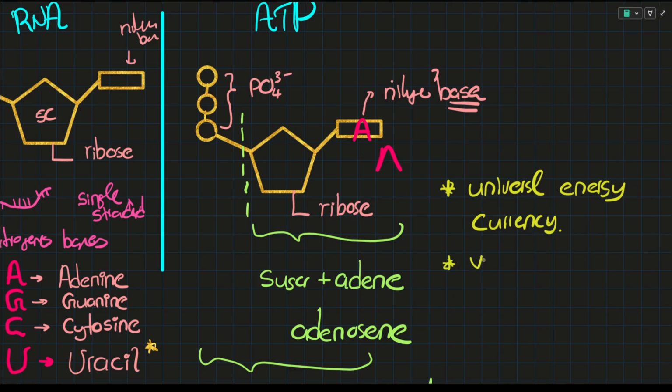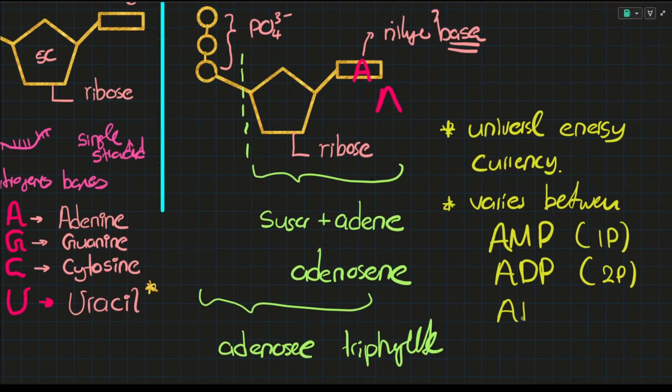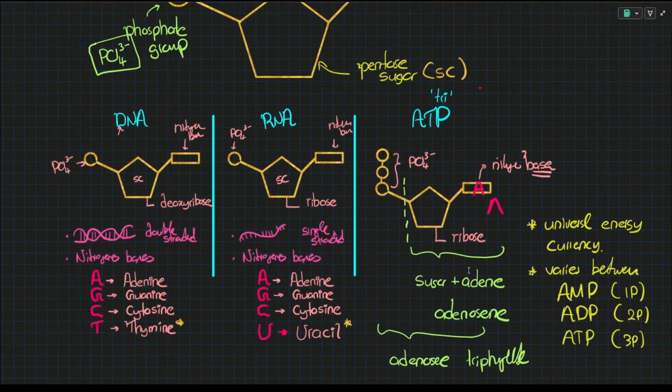And this previous point I told you, ATP can vary between adenosine monophosphate, where you have just one phosphate, adenosine diphosphate, two phosphates, and then finally adenosine triphosphate, where it's saturated with all three phosphates. Those are the three kinds of major and minor nucleic acids and nucleotide structures you should be aware of.